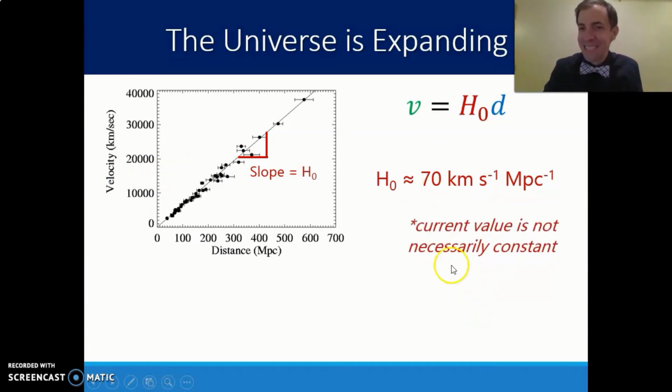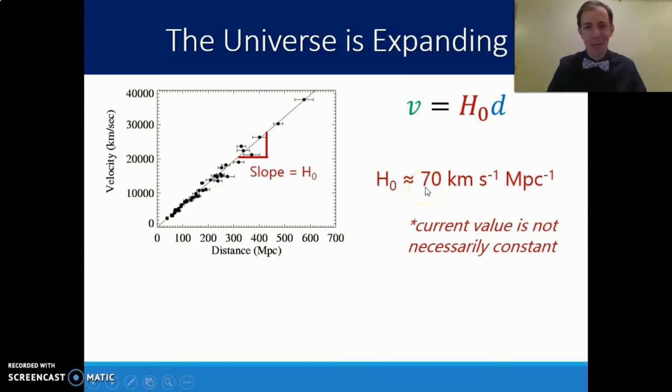What's interesting about this is this constant isn't constant. At least it hasn't been proven to be some exact number yet. As our measurements are becoming more advanced and we are able to measure the recession speed of farther and farther away things, this number continually is revised. This roughly 70 came from a study last year in 2019.